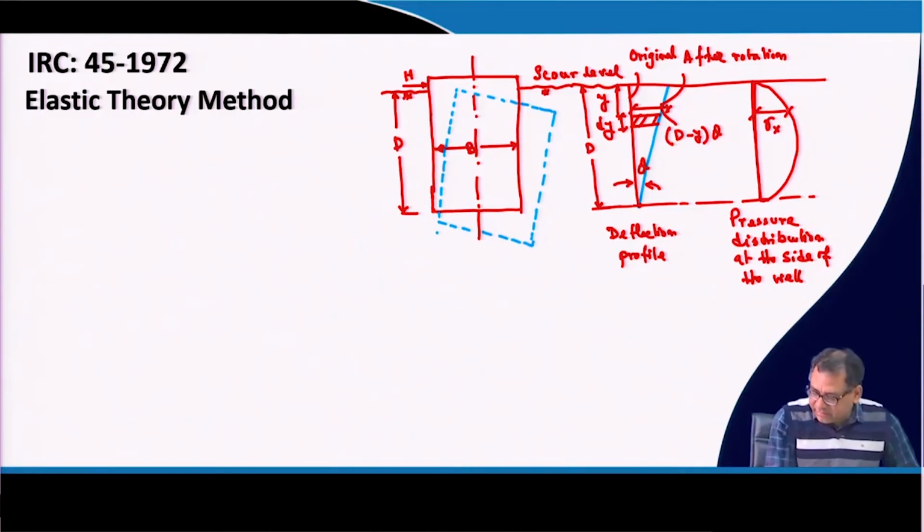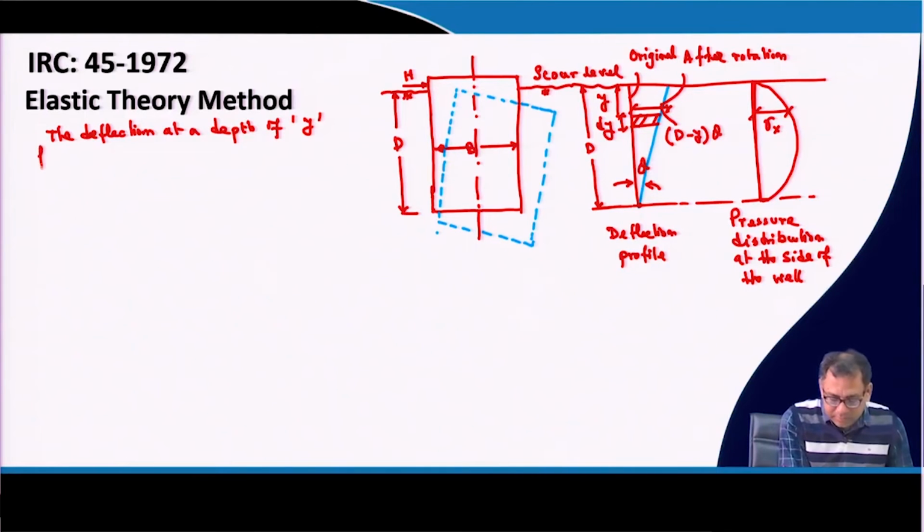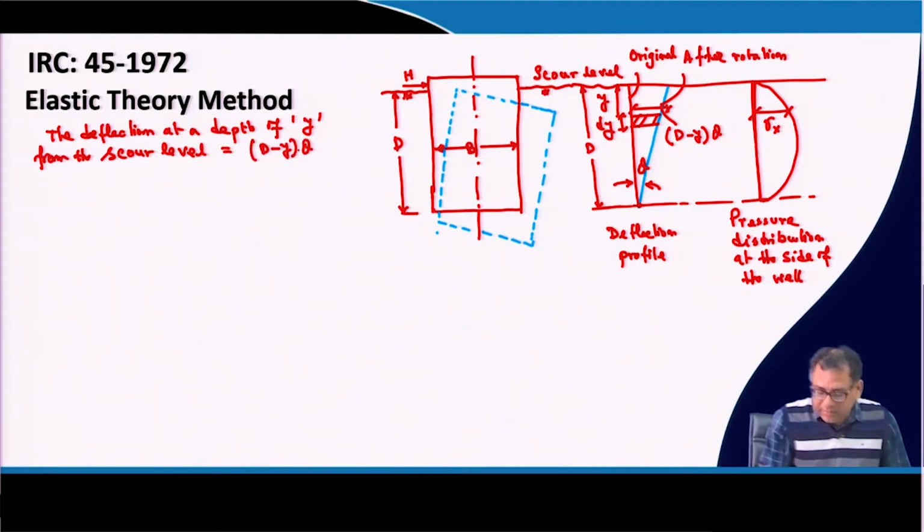So, I can write from this figure that the deflection at a depth of y from the scour level will be equal to d minus y into theta. Theta is the amount of rotation.